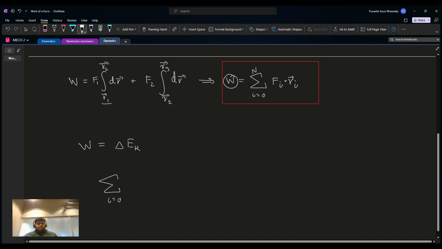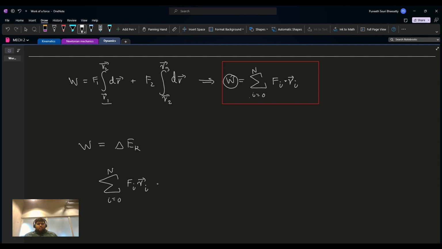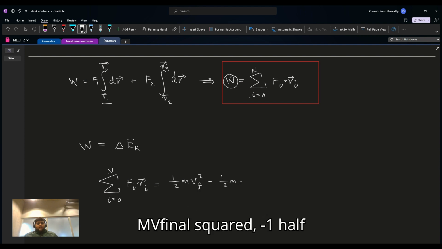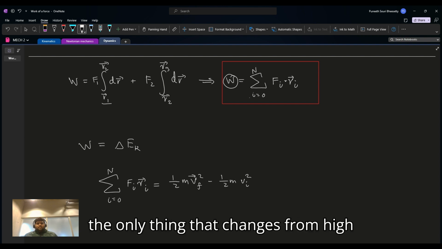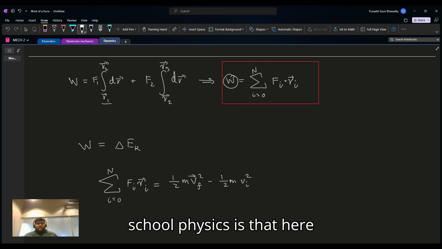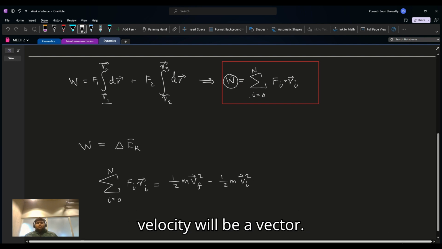So the sum will be equal to 1/2 m v final squared minus 1/2 m v initial squared. The only thing that changes from high school physics is that here velocity will be a vector.